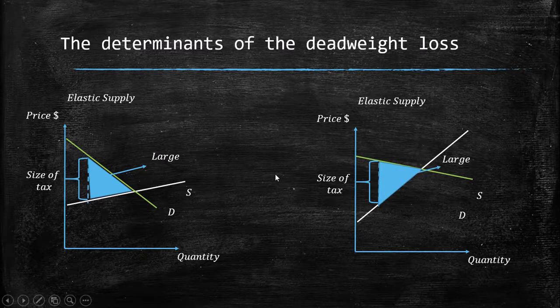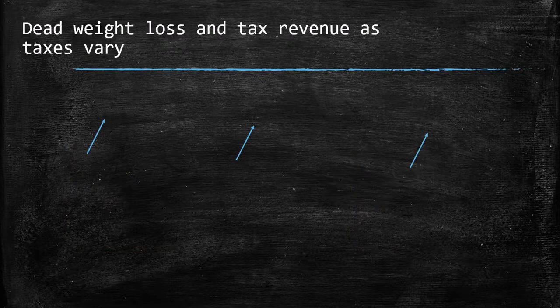So this concludes that when there are inelastic curves, there is going to be a small deadweight loss. But when there is elastic supply or elastic demand, with the same tax there is going to be a larger deadweight loss. Basically, the total welfare of the market is going to be more affected with elastic curves.